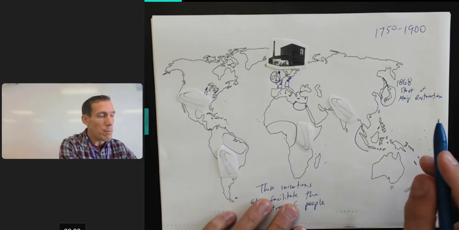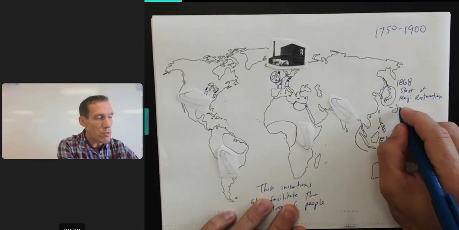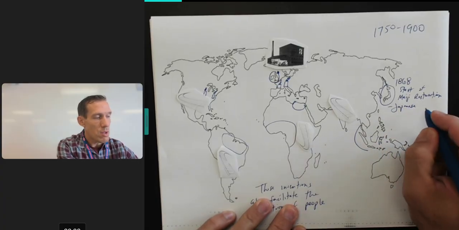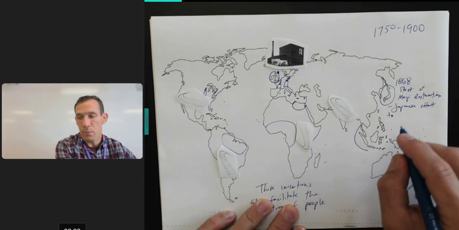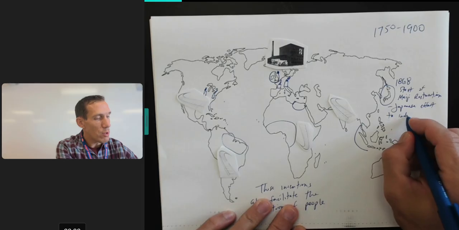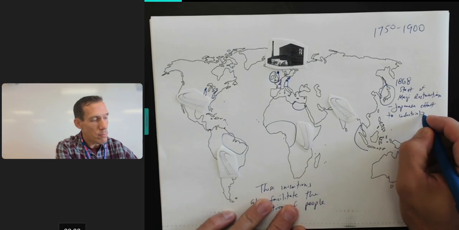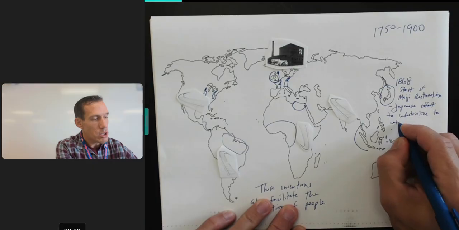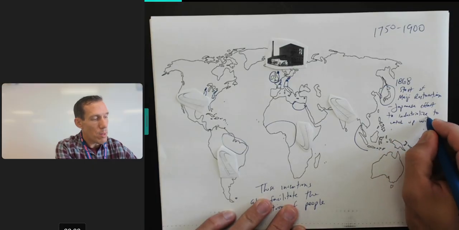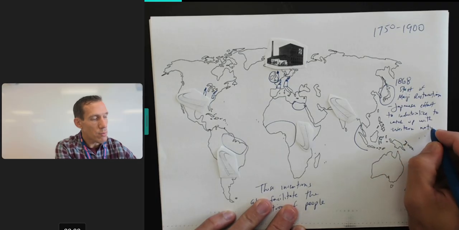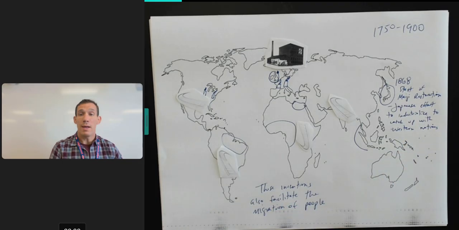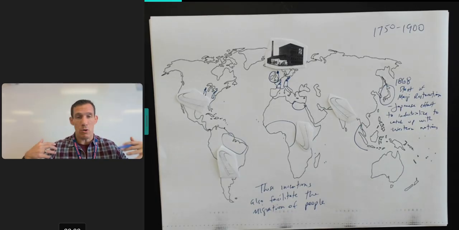And so the Meiji Restoration is the Japanese effort to industrialize, to catch up with Western nations. Okay. And honestly, it was pretty effective. Their economy boomed.